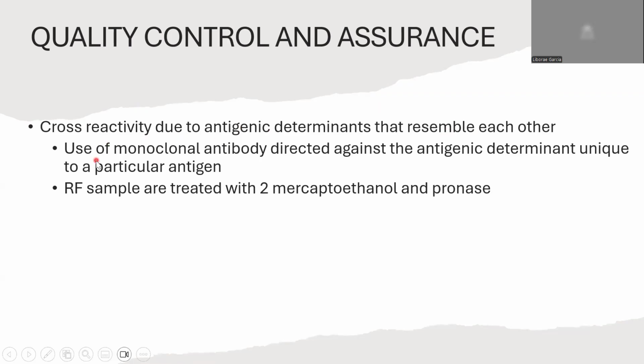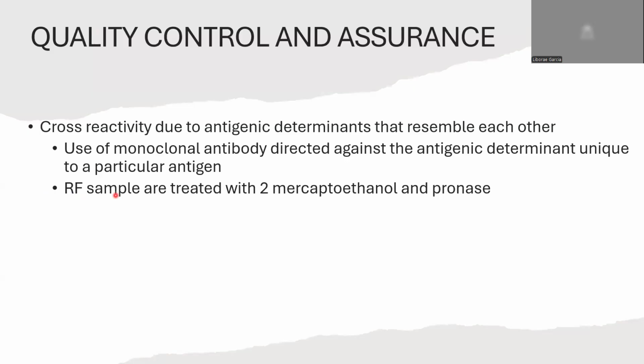So therefore, how do you remedy it? Use of monoclonal antibody. Monoclonal antibody is unique to a certain epitope in a certain antigen as well. Okay? Rheumatoid factor is the most common cause of false positives.